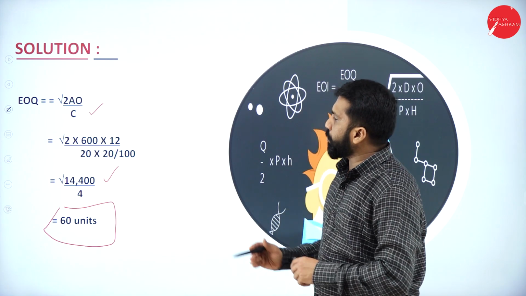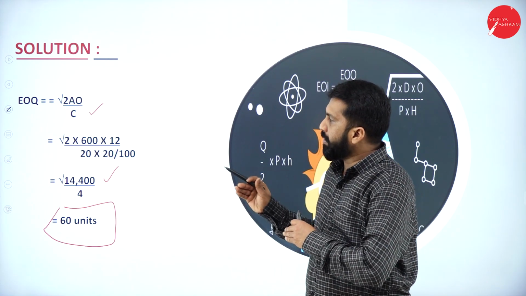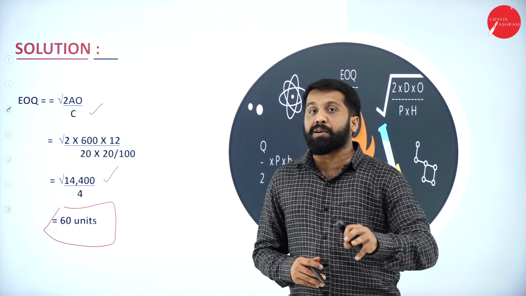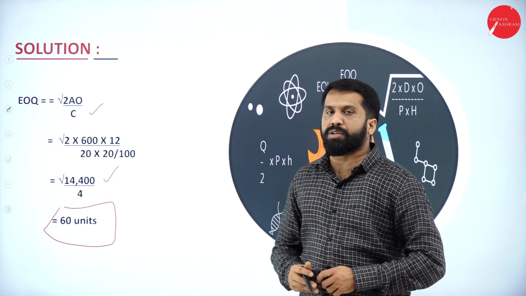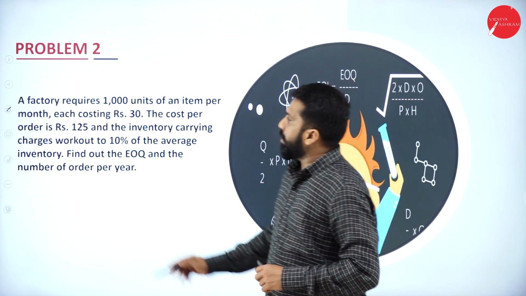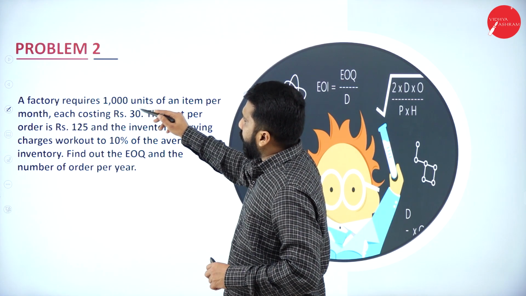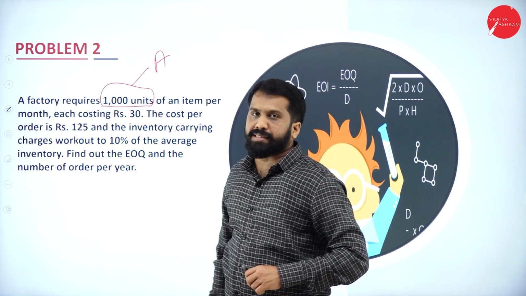Now, we'll go to problem number 2, the easiest one. That's why I'm not going in depth. That's why I explained all the concepts of EOQ. Once you know the formula, the question will be simple. As per the question, you can go for the answer. Now, a factory requires 1000 units per month. This is nothing but annual consumption.